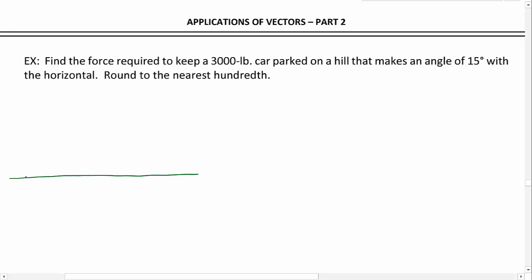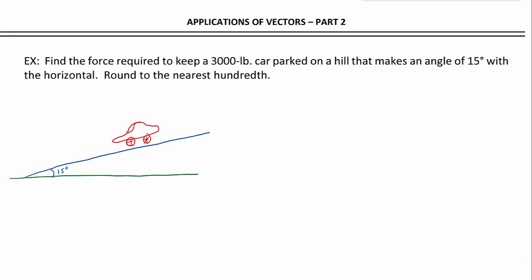And now we have an incline of 15 degrees and a car on top of it. Guess my car looks kind of like a spaceship. And it says that that car weighs 3,000 pounds.